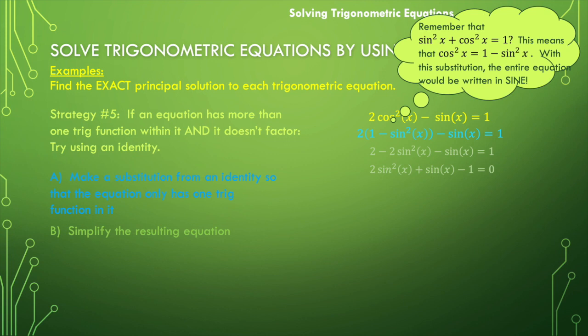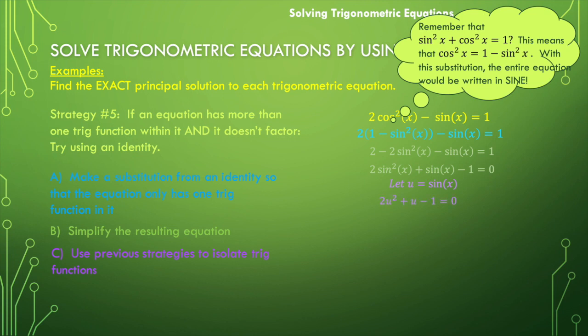Another quadratic function. Go ahead and think about u being sine of x. Now, if I know that u is sine of x, I can rewrite this and treat it like that resulting quadratic. 2 times u squared plus u minus 1 is equal to 0. Great.